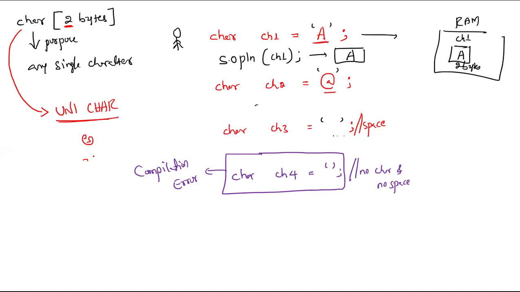And if you know some Japanese, Chinese, any single character is possible by using Java's character data type. That's why 1 byte is allocated for the type of language, and one more byte is allocated for the value. That's the reason Java's character data type requires 2 bytes of memory.